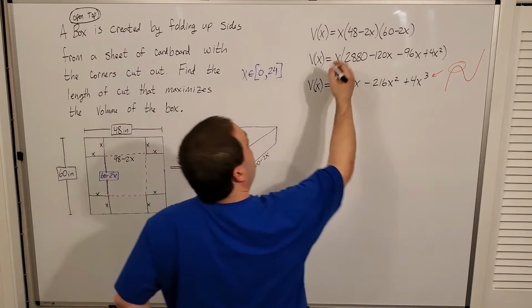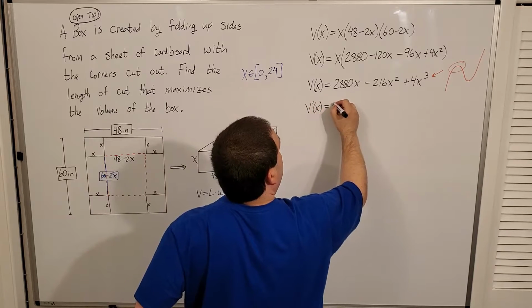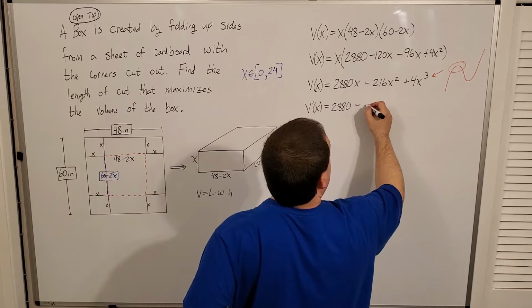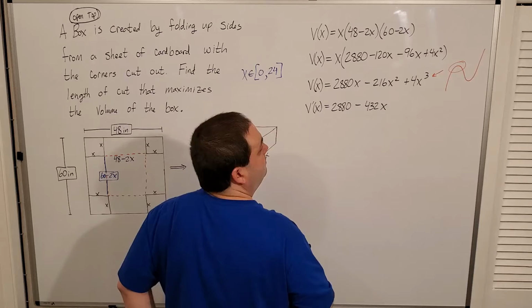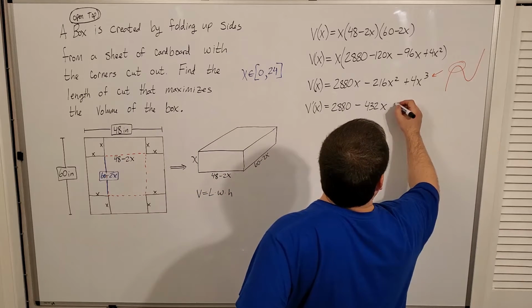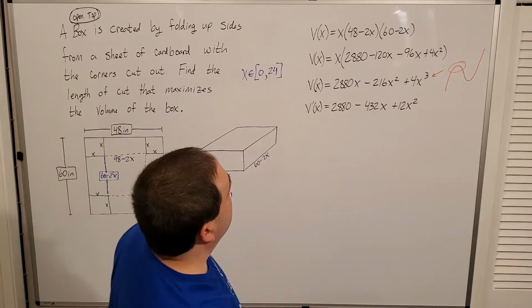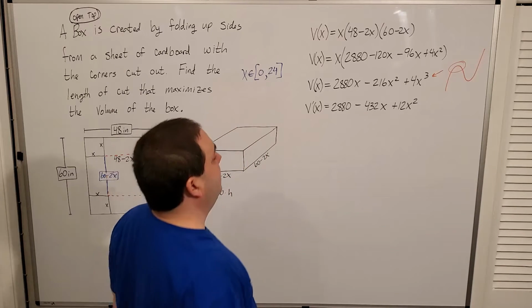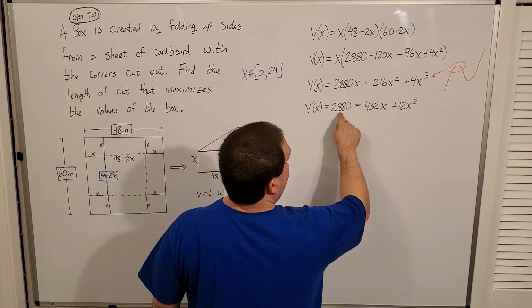Let's take the derivative here, v prime, and I get 2880 minus 432x, and then plus 12x squared. All right. Well, I'm pretty sure that I can get a 4 out of everything, because 12, 32, and yeah, 88.